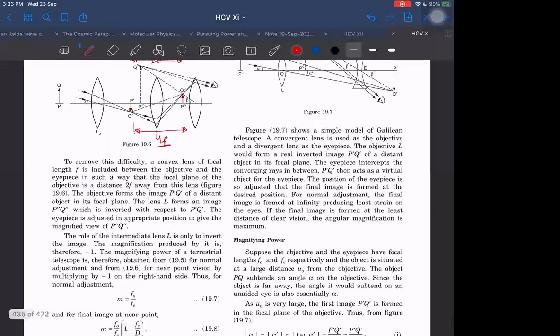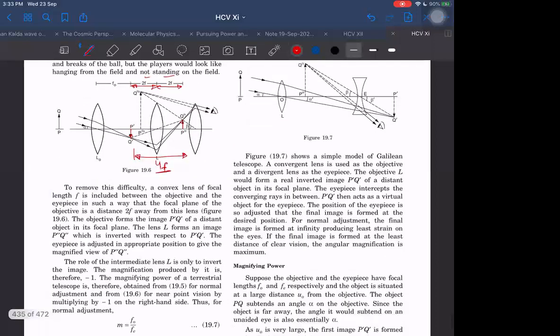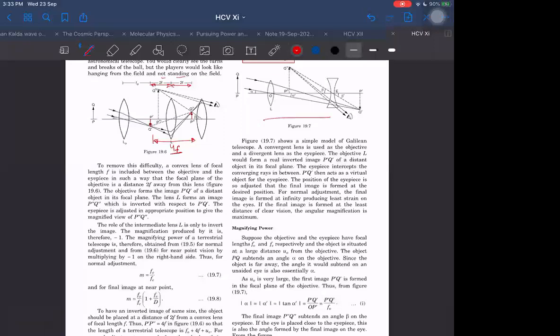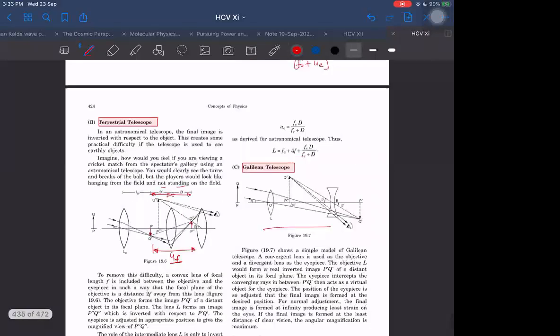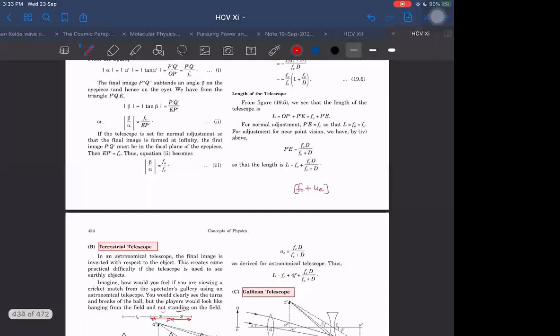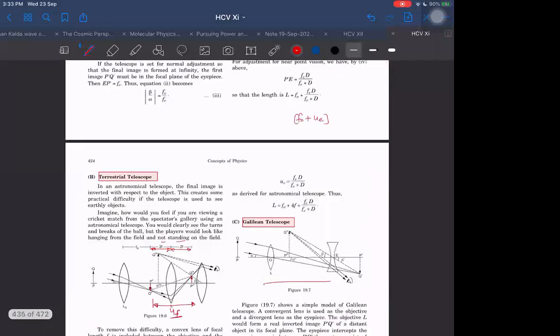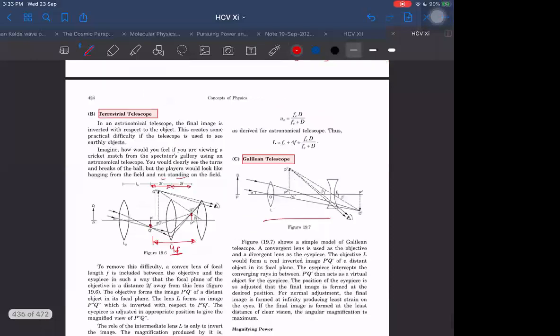Next we have the Galilean telescope. I will not even say that you remember this. You remember one formula only, that is F naught upon UE. In this case, just Fe will become negative, meaning it will automatically become concave.